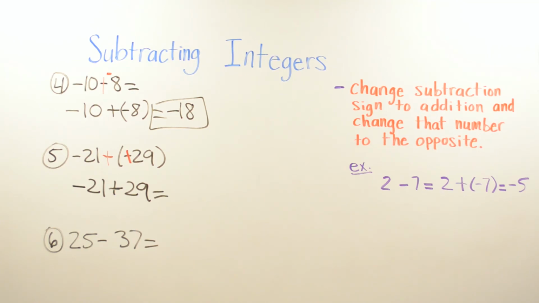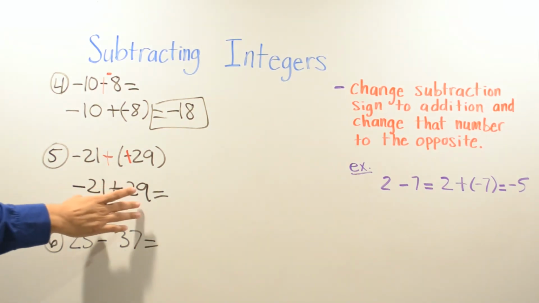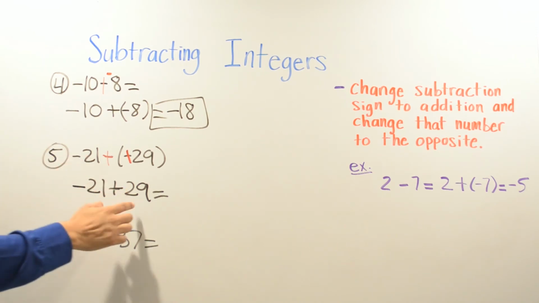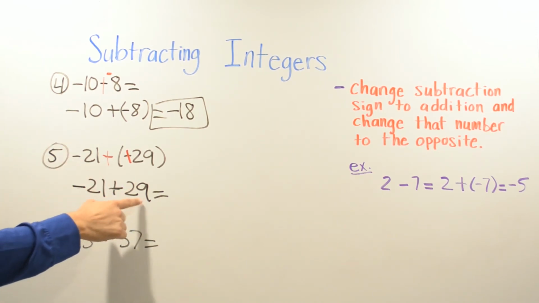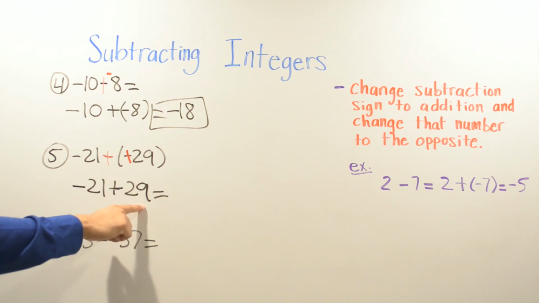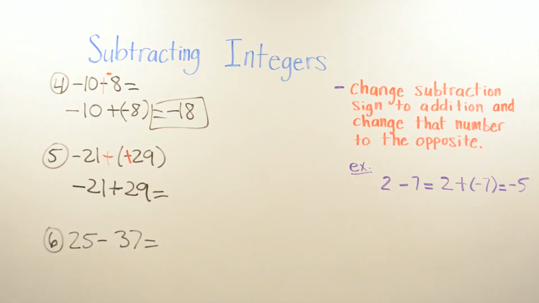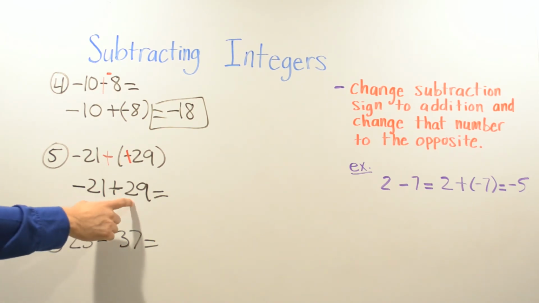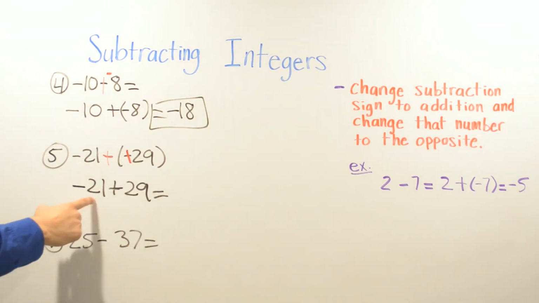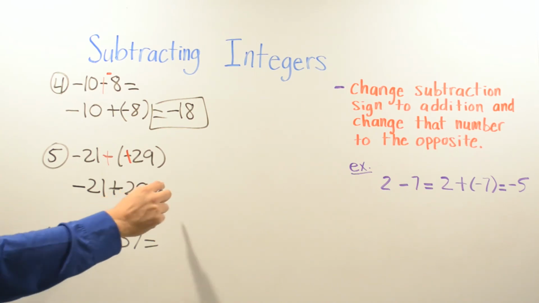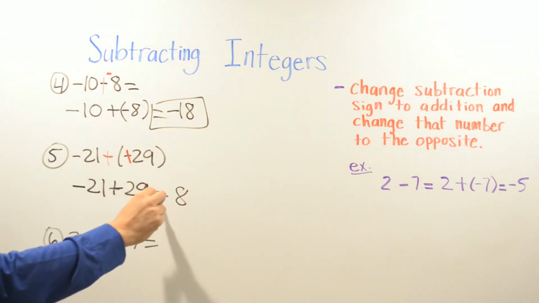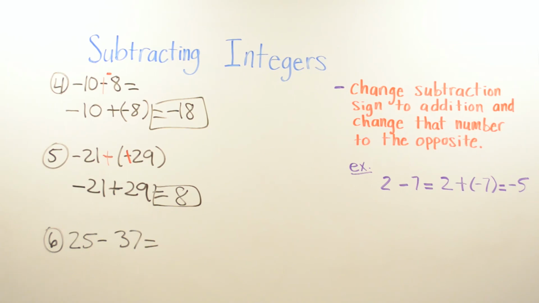When we're adding and the two signs are different, we're going to go ahead and subtract. So the rule, like I always told before: what number is bigger, 29 or 21? 29. We're not looking at the signs. Remember, we're just looking at the numbers. The number 29 is bigger. What sign is in front of 29? Positive, so our answer is going to be positive. Then we subtract. 29 minus 21 is going to be 8. So our answer is going to be 8.